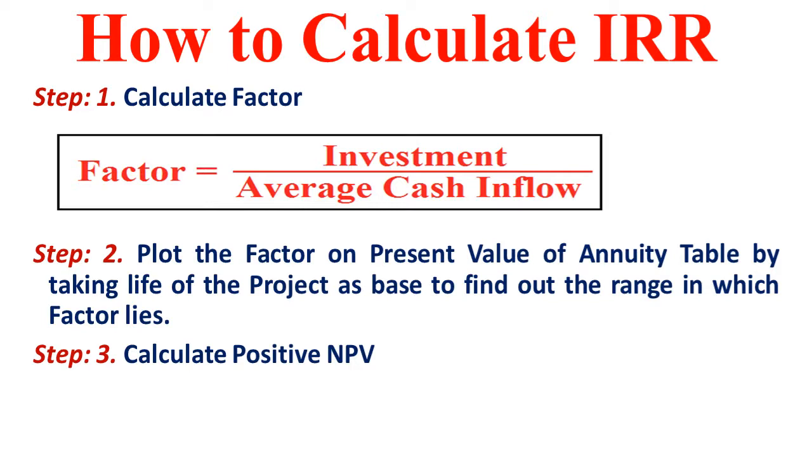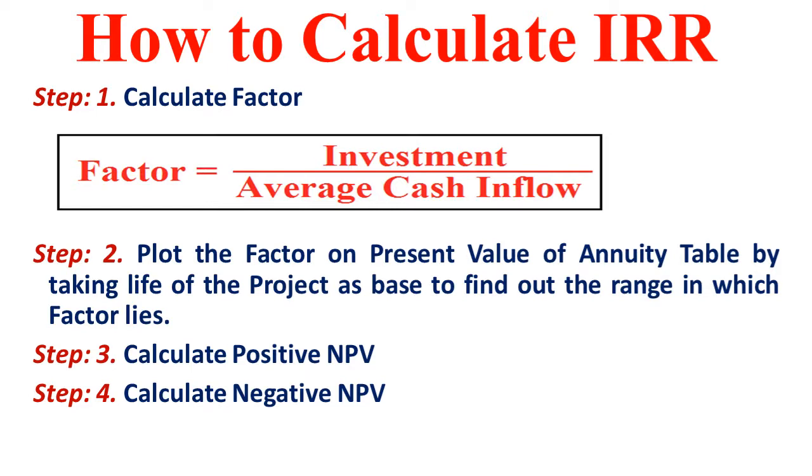So you select any percentage nearest to that vague range, calculate NPV and try to find a positive NPV. And step 4 is calculate negative NPV, in the sense that 0 lies between positive and negative. Therefore, we need to find two NPVs. One should be a positive NPV, another one should be a negative NPV.